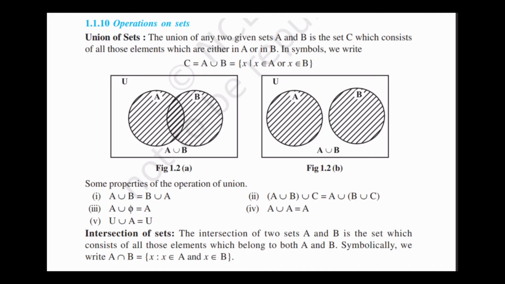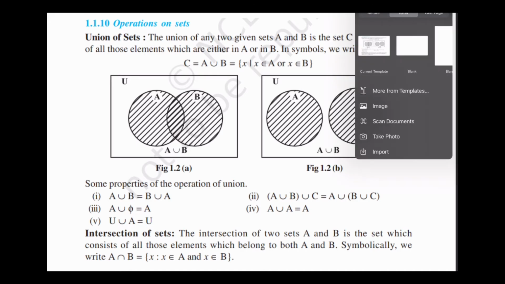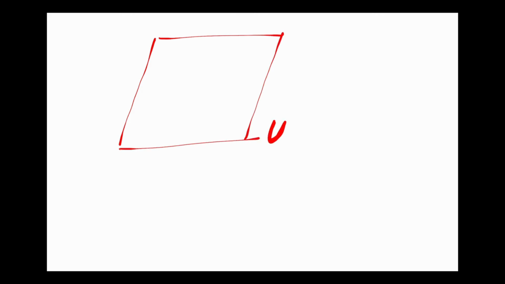Now let's add a page here. So here, students, let's say this is my universal set U, and I want to write a set A. So this is the universal set and A is within that set, correct?